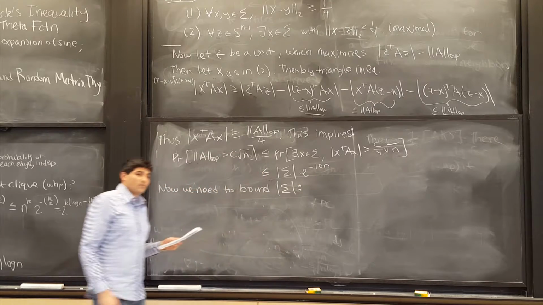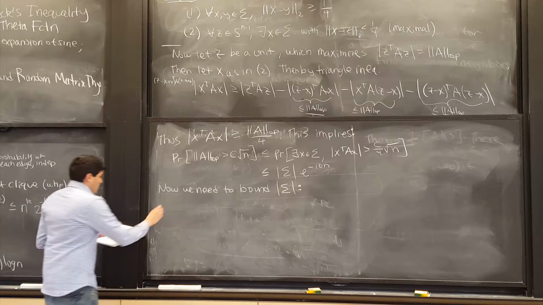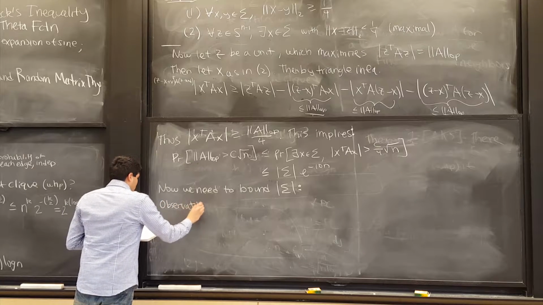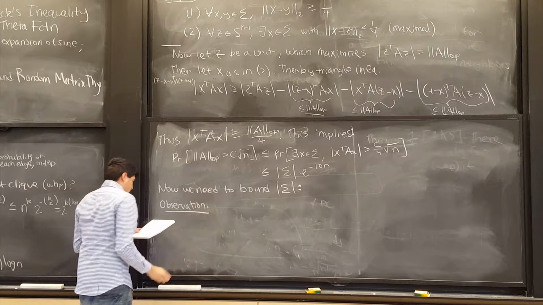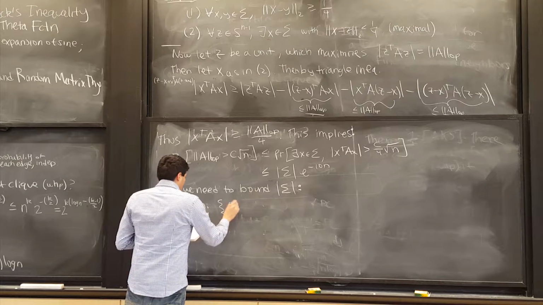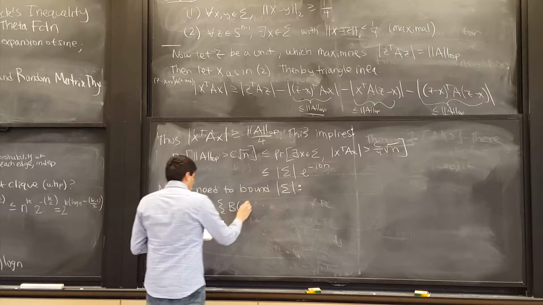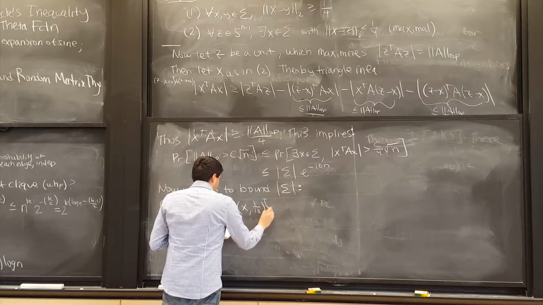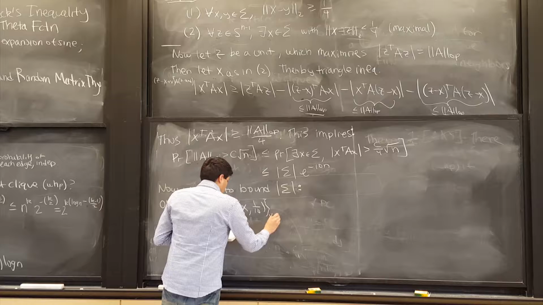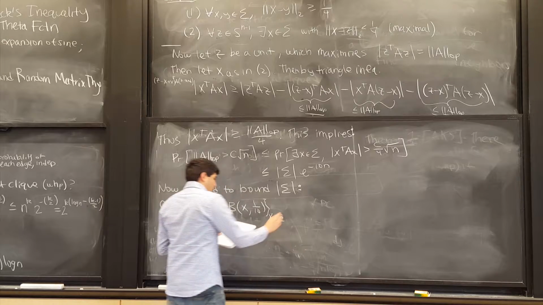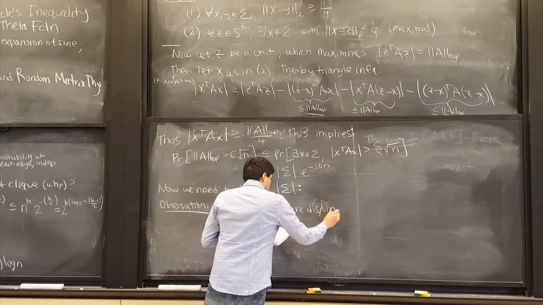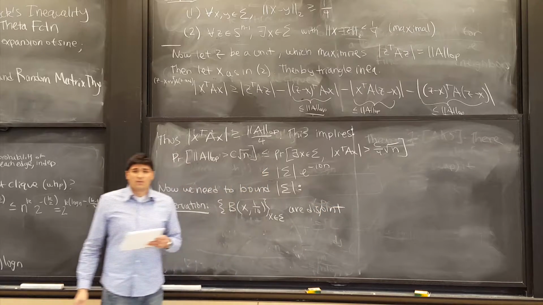And there's one crucial observation, which is the main idea in bounding the size: if we take the ball around each x in sigma of radius 1/10, then all these balls are disjoint.